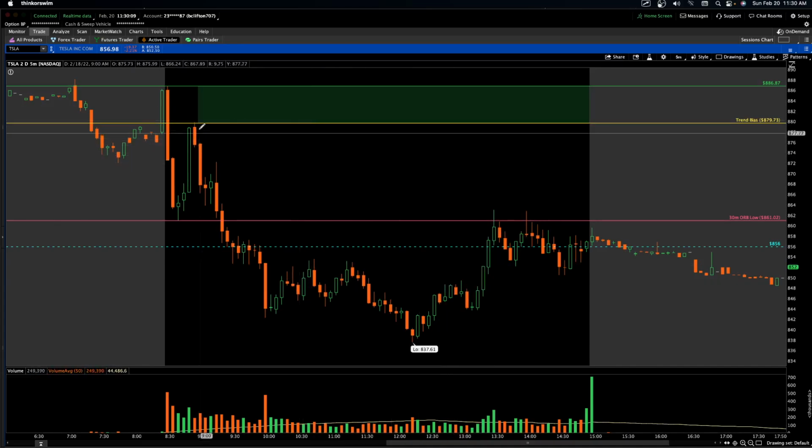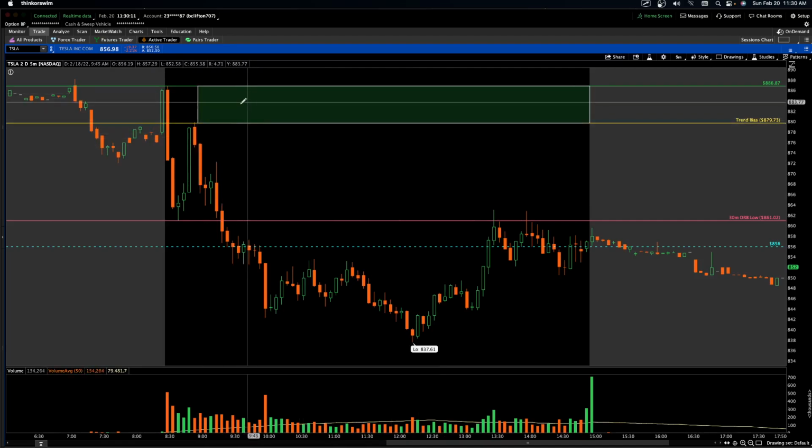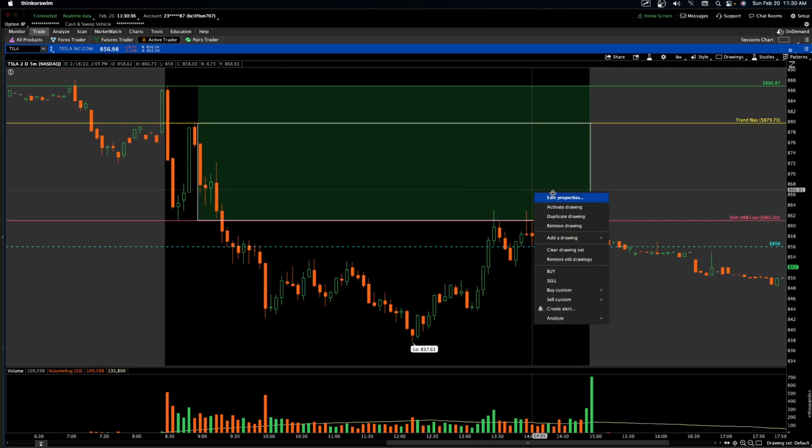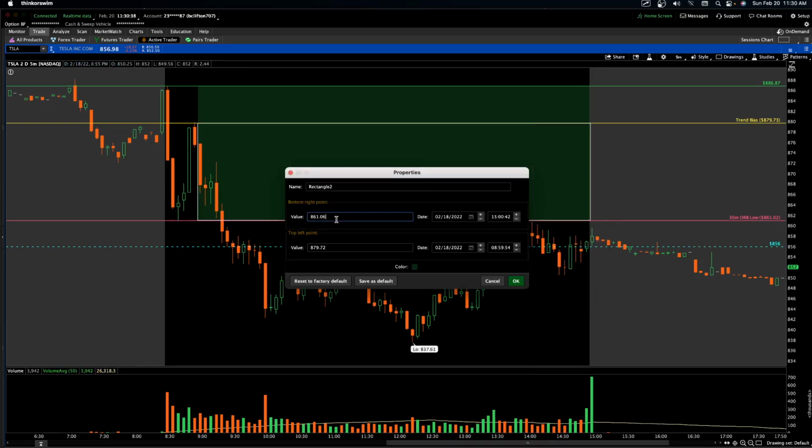Okay, now what we're going to do is we're going to draw. I'll tell you guys what these zones are in just a moment. We're going to draw one here as well, down to the low. So what we do is we draw from the trend bias line down to the ORB low, 861.02. Hard to get these lined up. I'll just change them in here. So what we're going to do is change those figures so that they are correct.